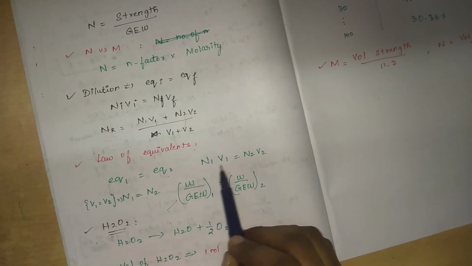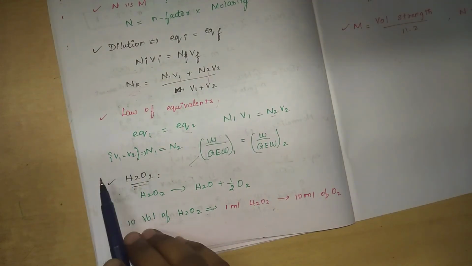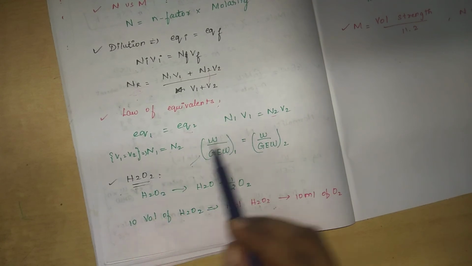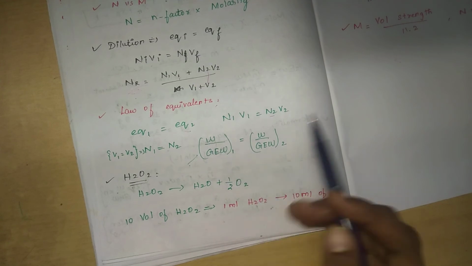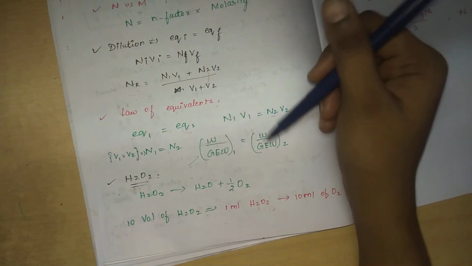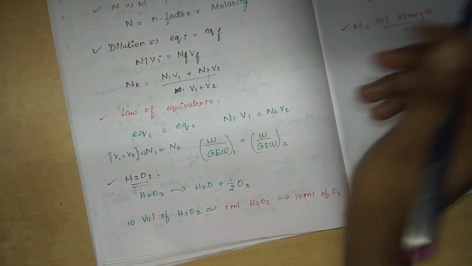So it will become N1V1 equals N2V2. If similar volumes of the reactants are taken, the normality of both reactants will be equal. They will give you three of the terms, and you have to find out another one. So this equation becomes useful.